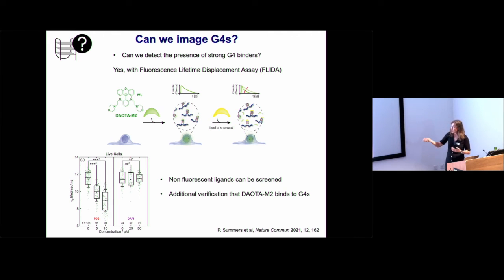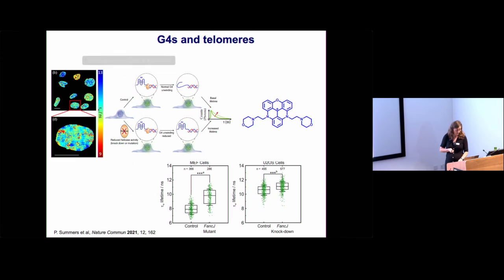But it's also a nice screening platform, because we can use non-fluorescent ligands that might bind to quadruplex, might penetrate into cells or not, but our displacement assay, FLIDA, can tell us whether they displace our dye from the quadruplexes in the cell or not.